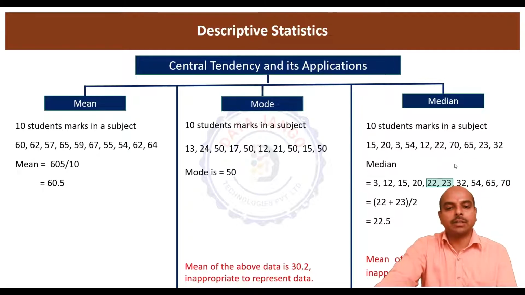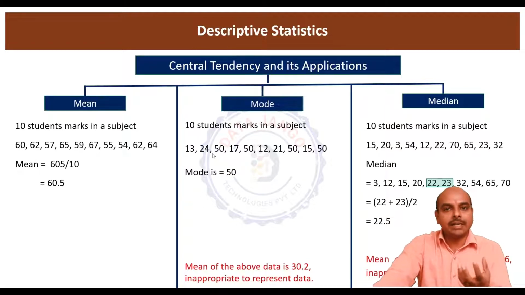In the second case and third case, if I calculate the mean, in one case it is 30, which is neither representing 50 nor the small numbers. In another case, it is 31, which is neither representing 3 nor 70. So in the second and third case, mode and median are the most appropriate values to represent the data, or more appropriate statistics to explain the data.